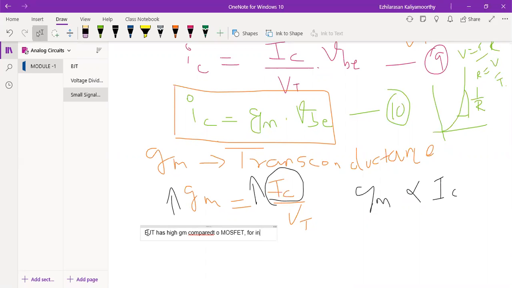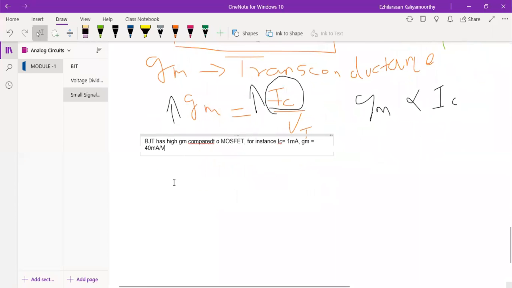So for instance, IC is equal to 1 milliampere and gm, the transconductance, will be equal to 40 milliampere per volt.